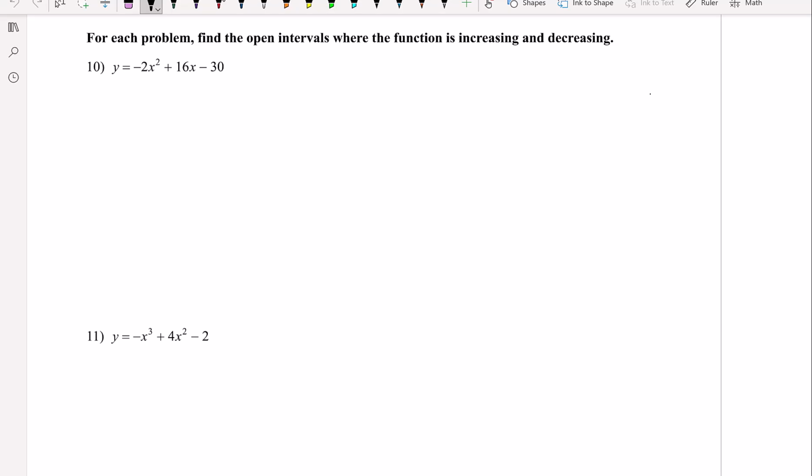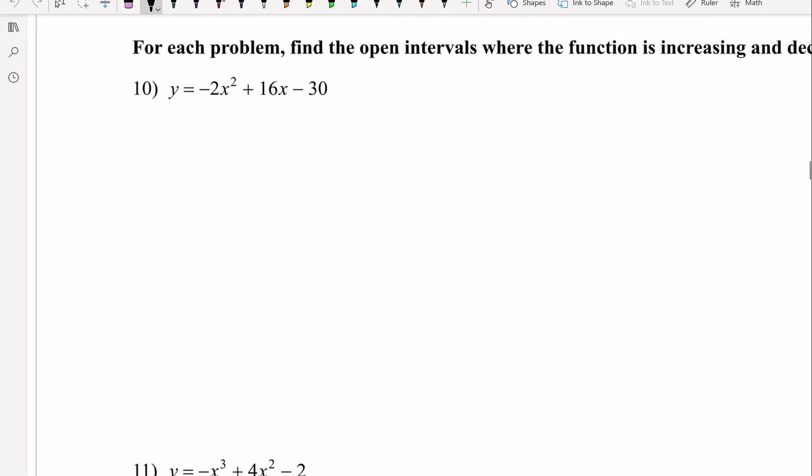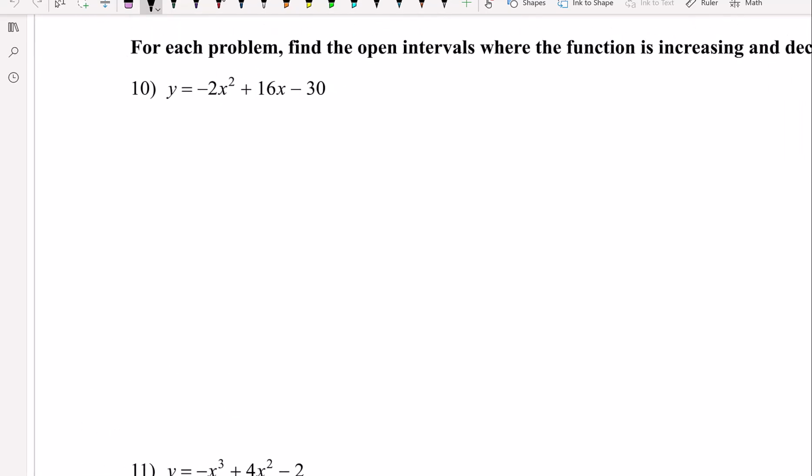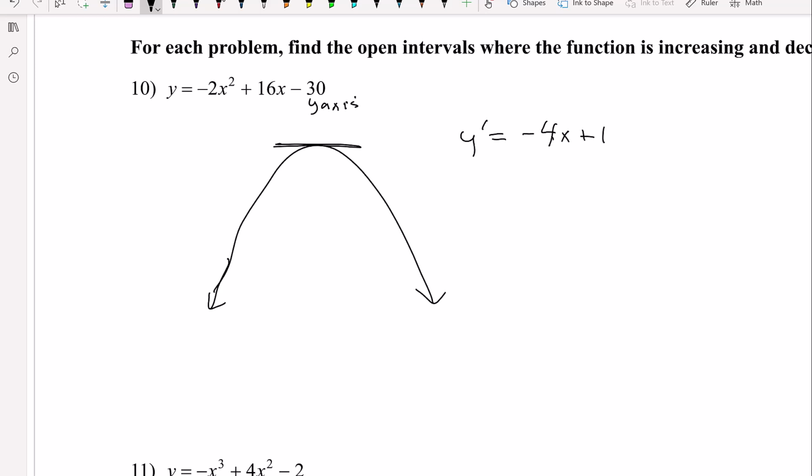All right. So for this graph right here, we just have an upside down parabola. We know where it touches the y-axis. But if we want to know where this max is right here, we find the derivative. So the derivative is negative 4x plus 16.